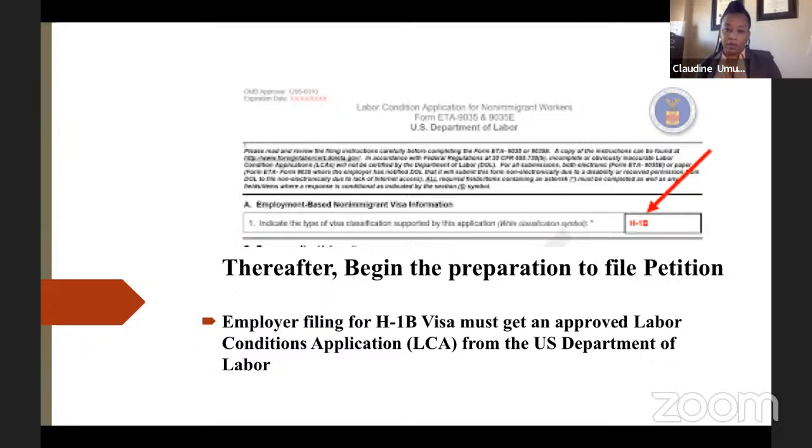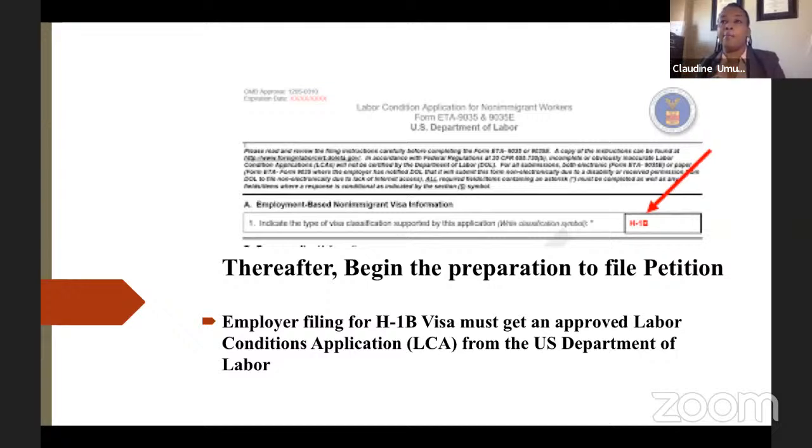The H-1B process requires multiple things, as we discussed. The first step is for the employer to get, you already know this person has a bachelor's degree, you have a specialty occupation, so now I need to get the prevailing wage.